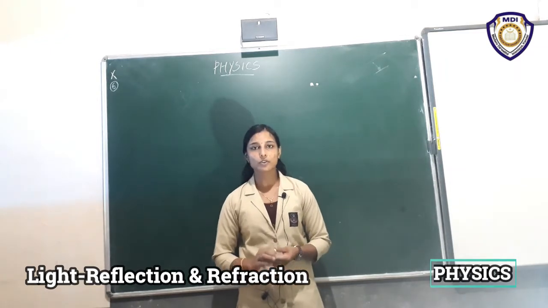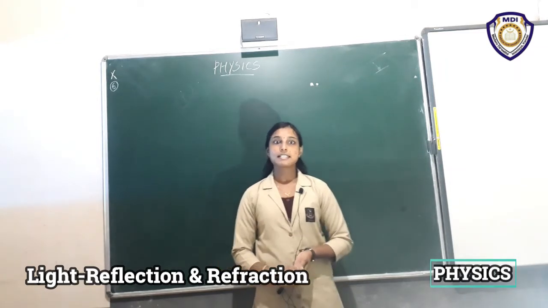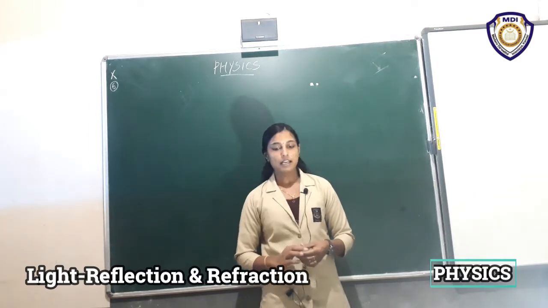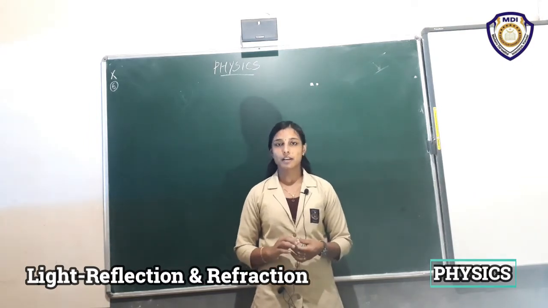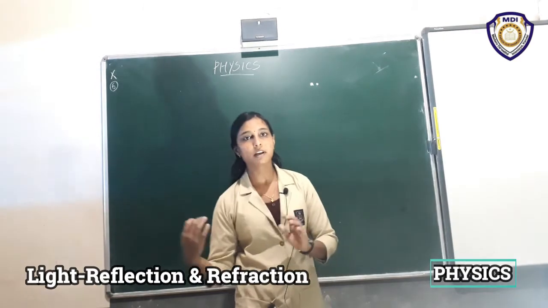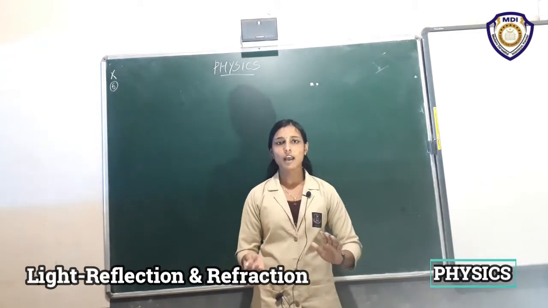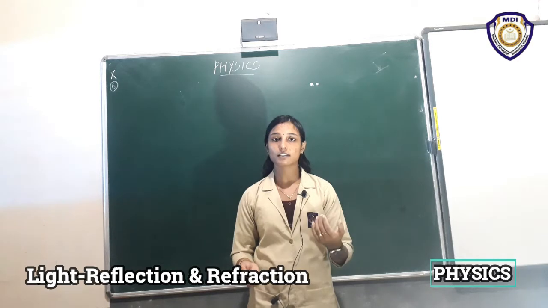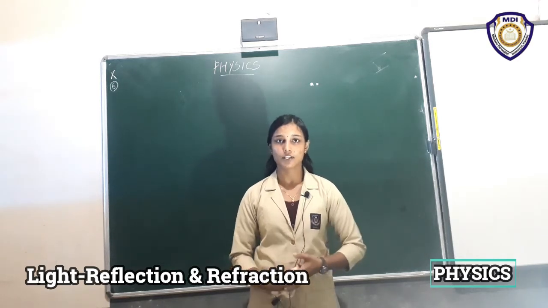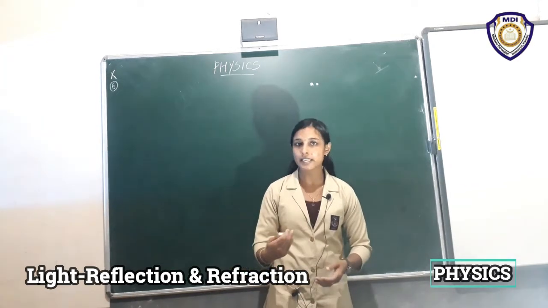So today we are going to discuss the sign convention for reflection by spherical mirrors. We have to do many problems regarding this, and we have to know what the sign convention is, so that we can do the problems easily, right?